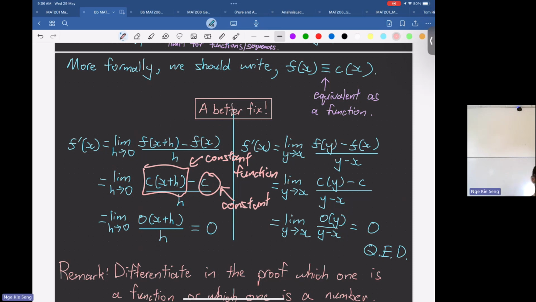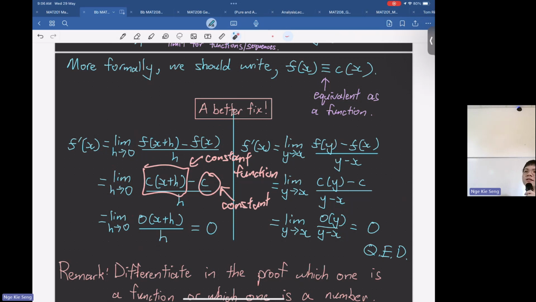Now we want to ask the difference of these two, the constant function and the constant here. What does this difference equal to? Is it a new function or not? If it is a new function, what function is that? What does this difference give if you fix an h? 0.